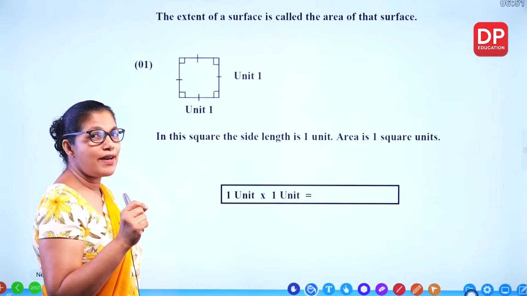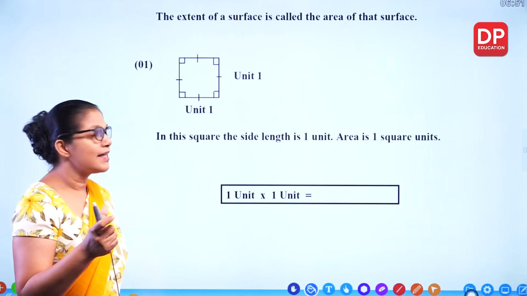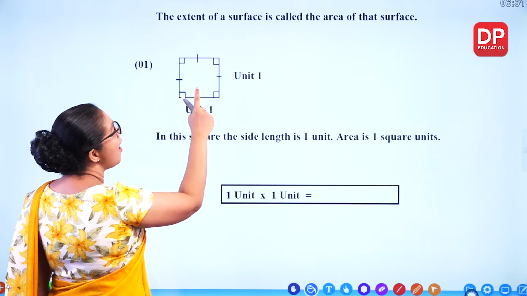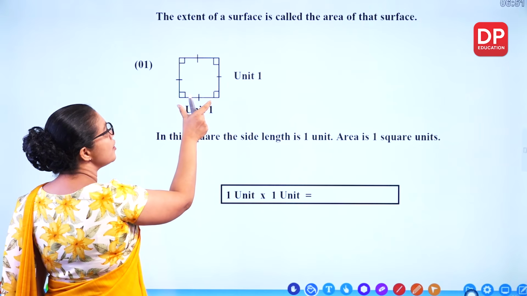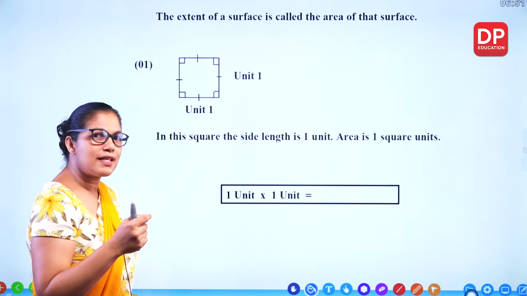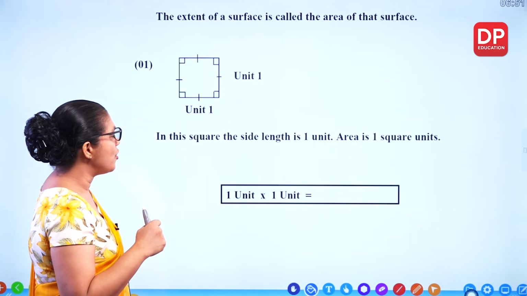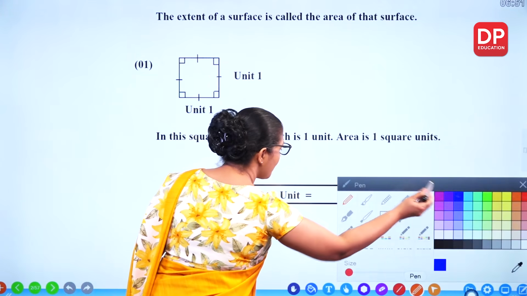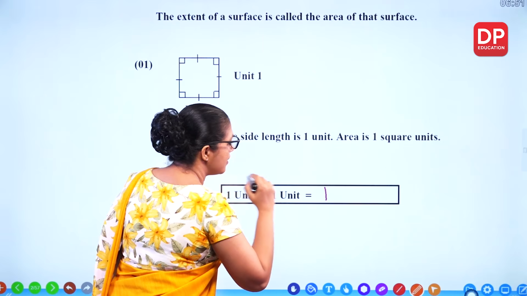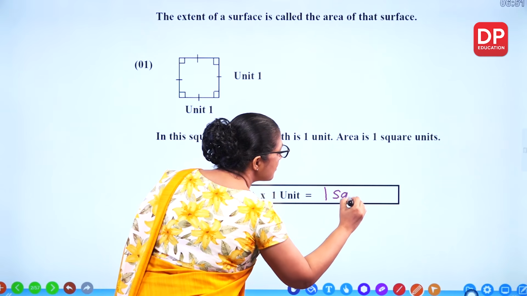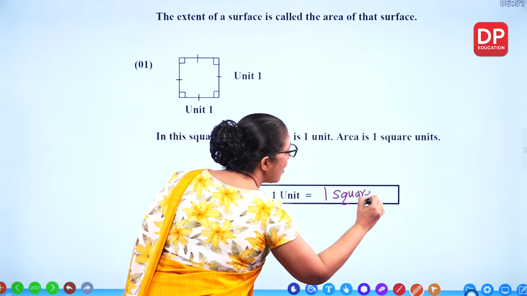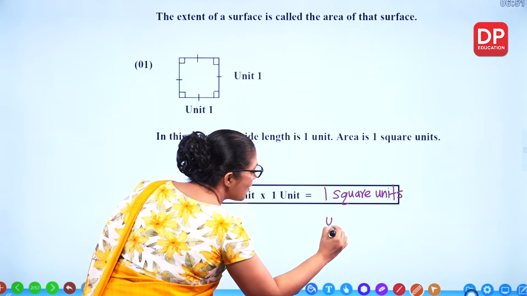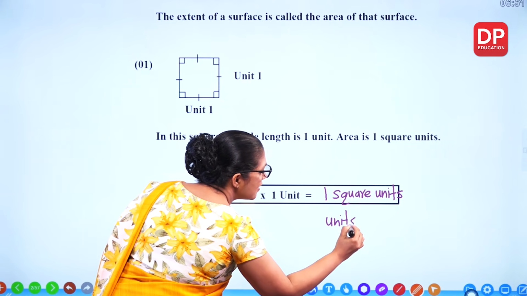We know area is length into length, so you get 1 unit into 1 unit, 1 square unit. Or I can write this as units squared.